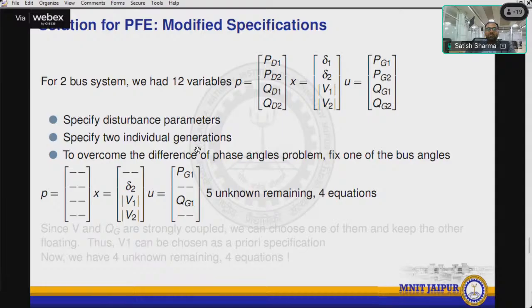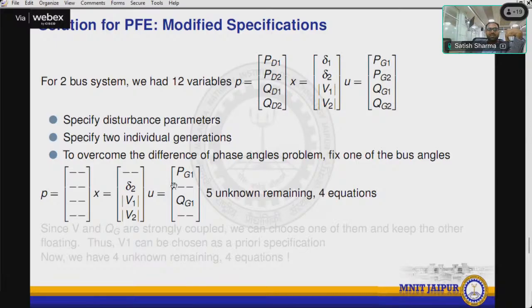Another thing is to overcome the difference. Voltage angles are always placed as an angular difference, and they are never used anywhere else. So it is always inside the cos theta and sin theta, and that too as the difference. So to calculate any variable, we need a reference, then only we will be able to calculate the difference.